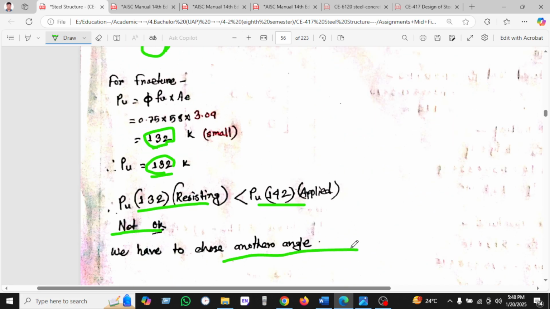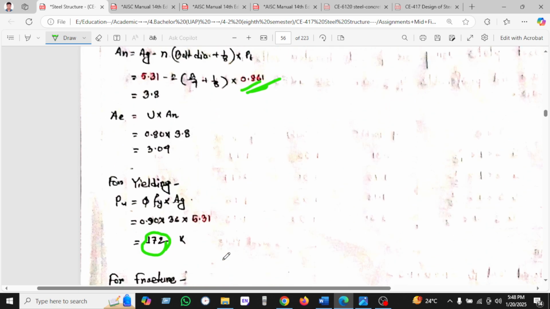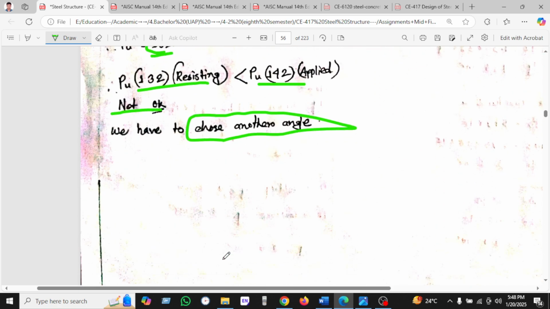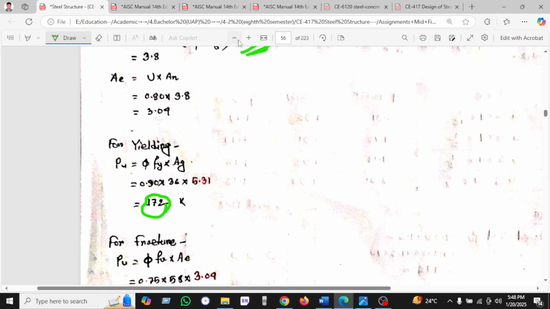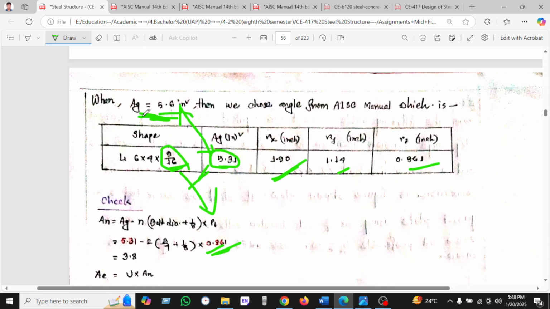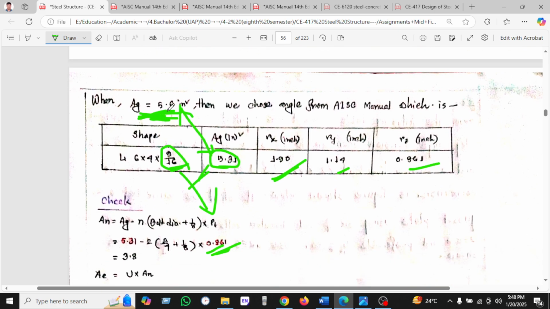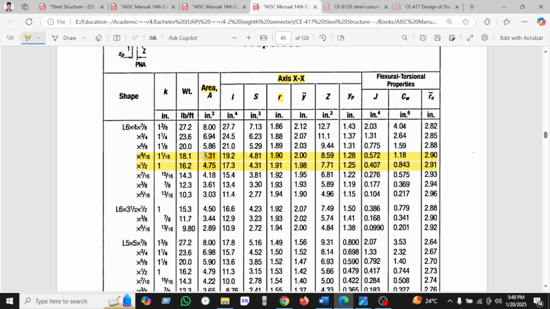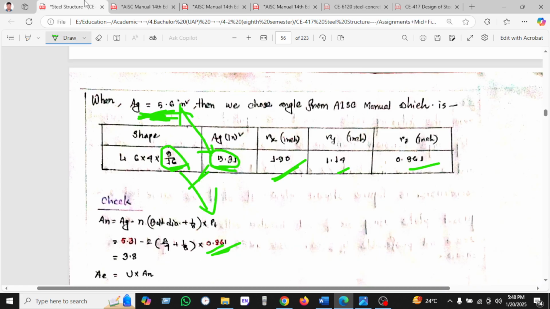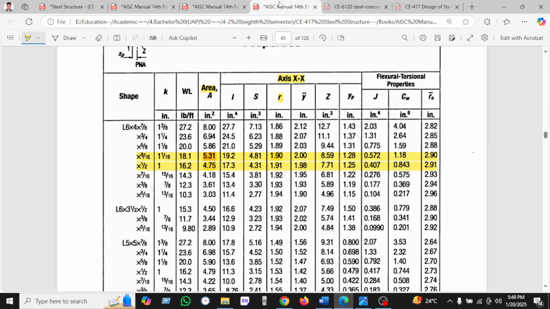So we have to choose another angle. I have intentionally done this wrong, because our calculated Ag is equal to 5.6, but we took Ag equal to 5.31. That's why the section has failed. So we have to choose a section whose Ag value is greater than 5.6.